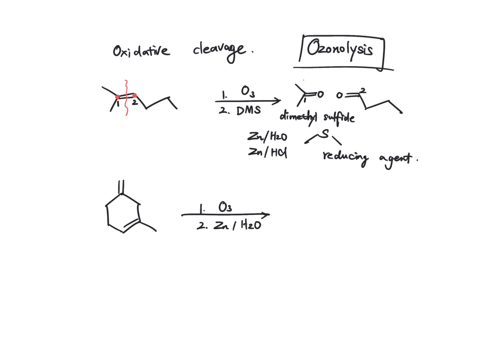So if we have 2 carbon-carbon double bonds, both will be cleaved to form carbon-oxygen double bonds. And the best way to do this type of practice is to label your carbons. I'm just going to randomly label them to track where your carbons are: 1, 2, 3, 4, 5, 6, 7, and this is 8.